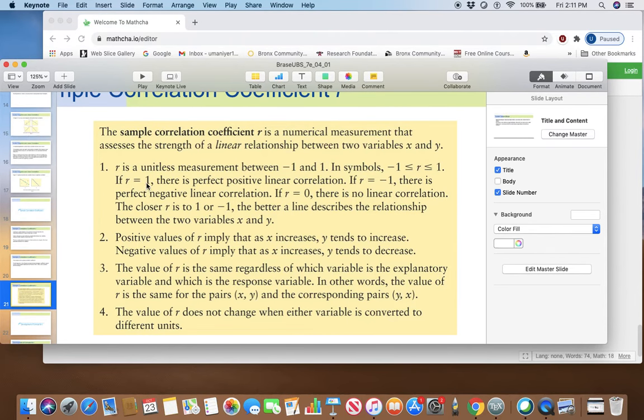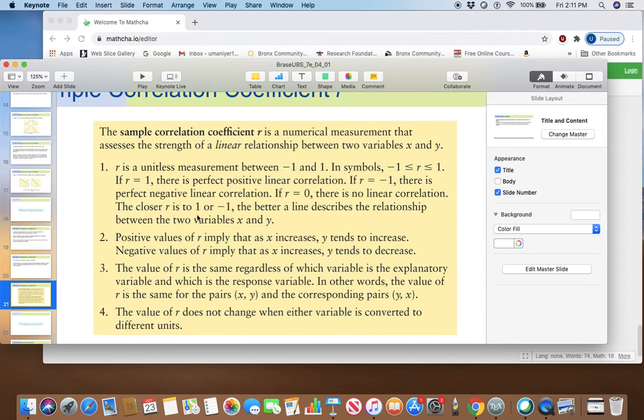If R is 1, the highest, there is a perfect positive linear correlation. If R is negative 1, there is a perfect negative linear correlation. So what is perfect correlation? When R is 1 or negative 1. Okay? If R is 0, there is no linear correlation.